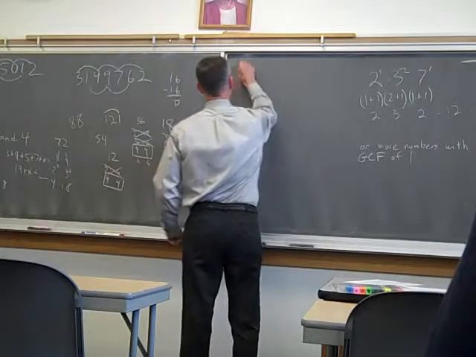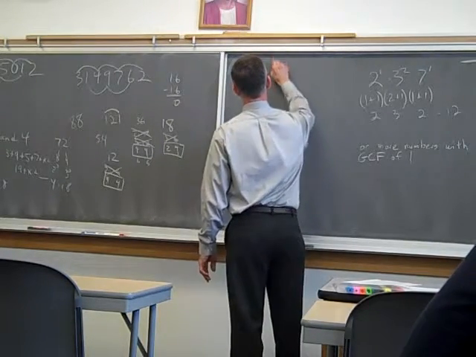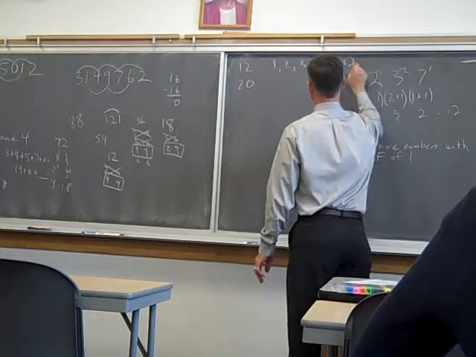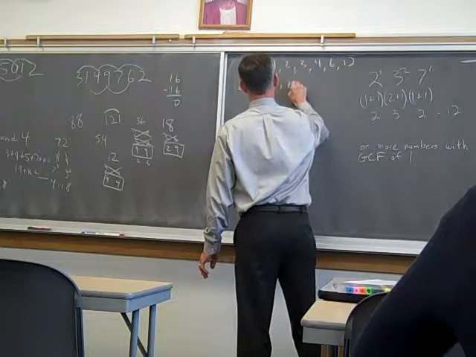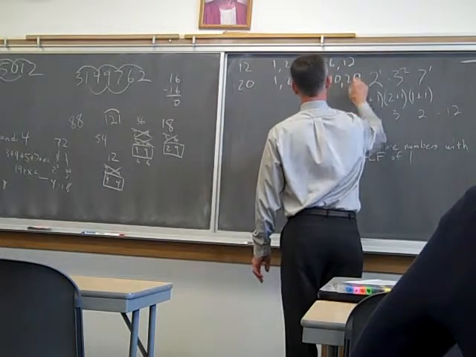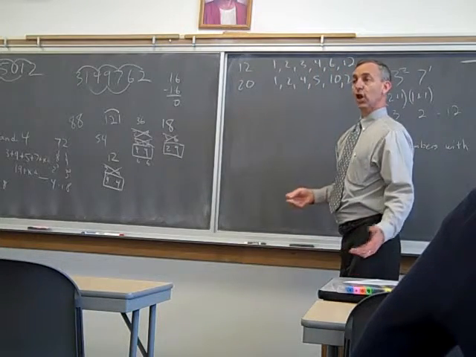You were supposed to list all the factors of 12. So 1, 2, 3, 4, 6, and 12, right? 1, 2, 4, 5, 10, and 20. Then we had you underline the common ones.